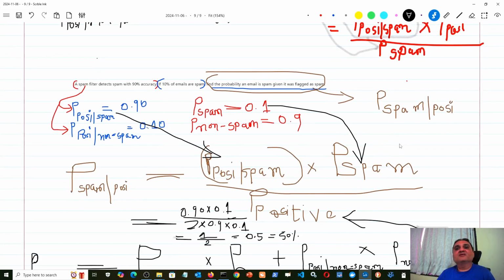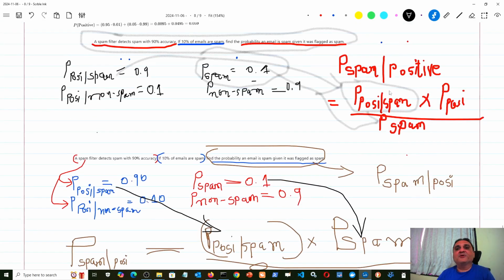I think I have written the Bayes theorem wrongly, why did I interchange that. I should have written here P(spam). So then in the numerator it would be P(spam), and in the denominator it would be P(positive), just like the previous medical diagnosis case. So this P(positive), which is in the denominator, that only we want to find.